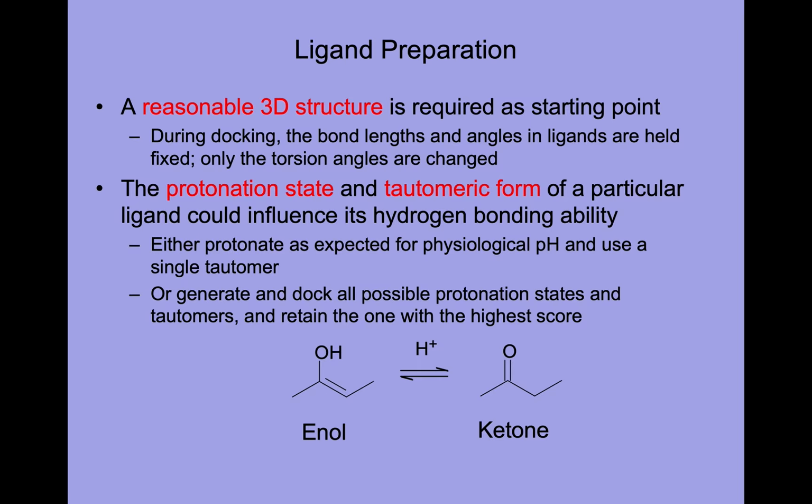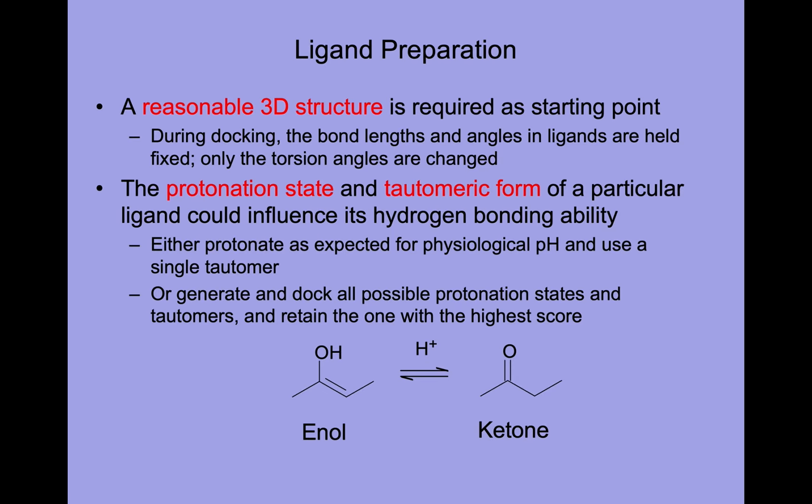If you have a tautomer of the ligand that makes a hydrogen bond and the simple form doesn't, it is very important to know in which state you have the ligand and in which state you are using the ligand to dock with the receptor.